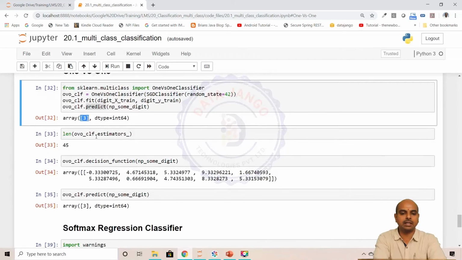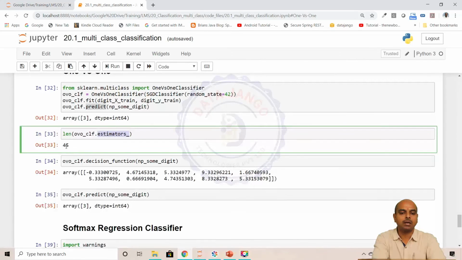If you look at the estimators, it actually built 45 estimators because k into k minus 1 by 2 is the number of classifiers, KC2 classifiers. So there are k number of classes, KC2 classifiers, right? It takes combinations, and if a particular combination is missing, it will take the flip and take the negative, whatever we have seen.